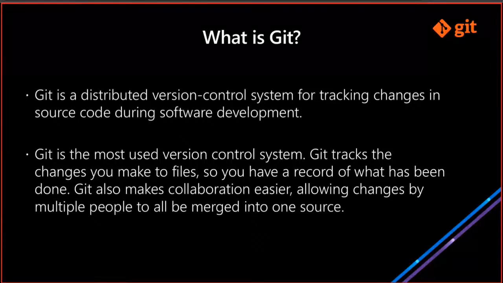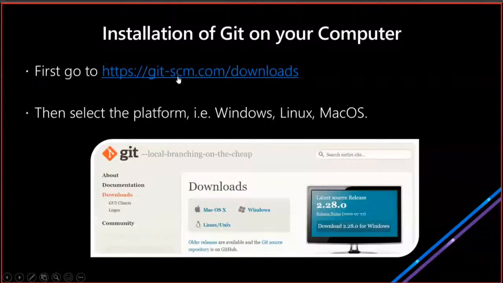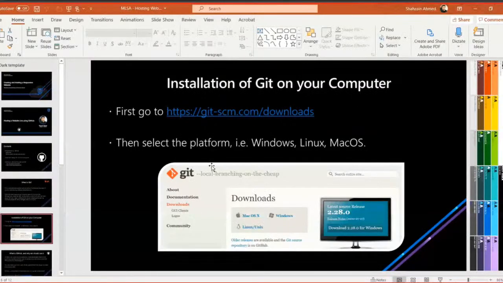Okay, so now let's get to the installation of Git on your computer. Now for the installation, just simply open Google and write git download. Now open this website. Now just select your platform over here, Windows, Mac OS or Linux, whatever you have.